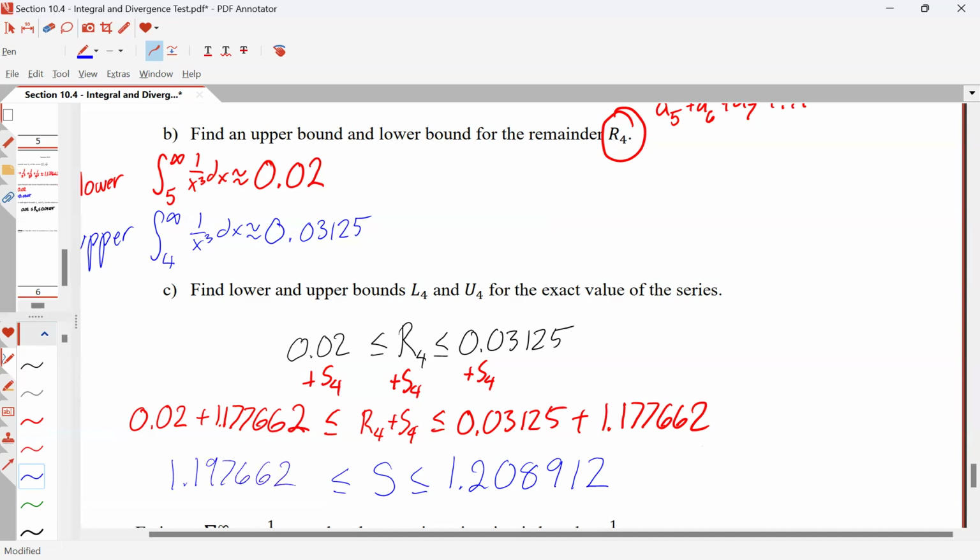So it is between these two numbers. That is very close together, but it gives us a good estimate of this series. So ultimately, our series is somewhere in this 1.2 range.